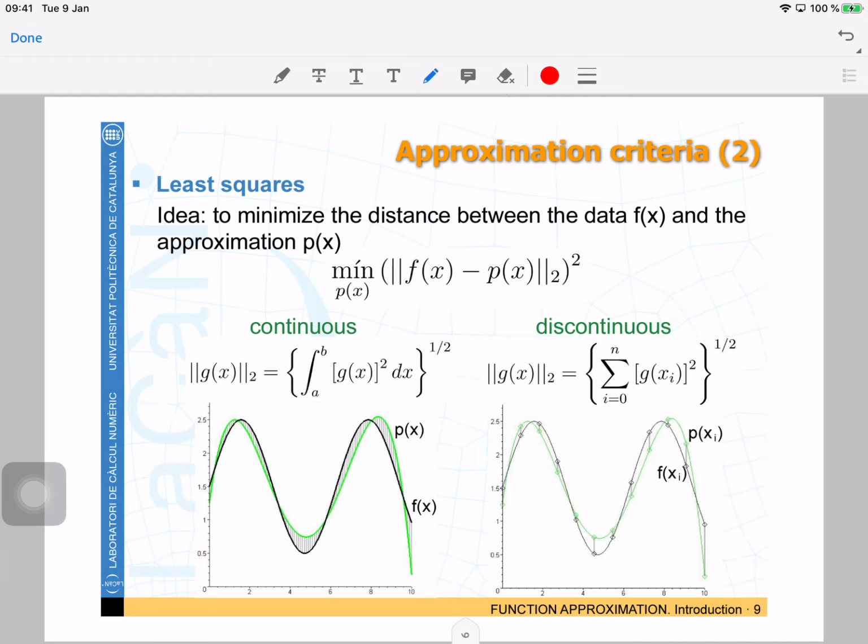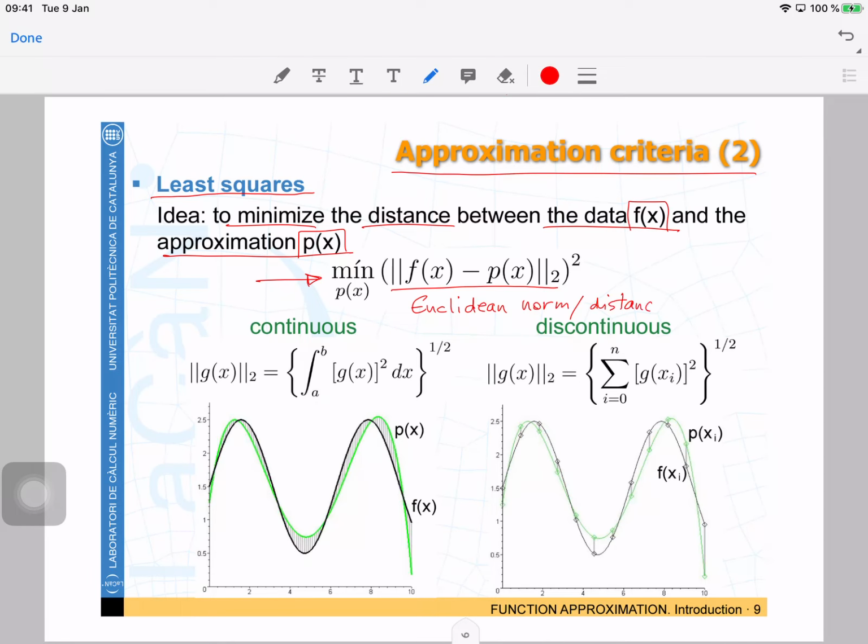The second approximation criterion is least squares, and the idea behind least squares is to minimize the distance between the data f and the approximation p. This minimization is equivalent to minimizing this functional. This norm is called the Euclidean norm, or the distance between p and f.